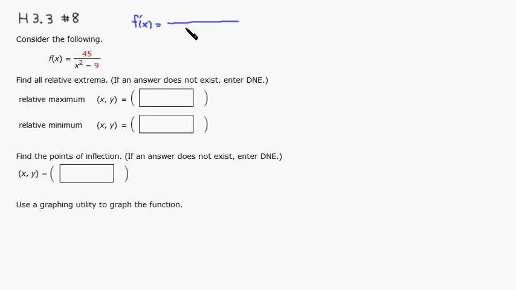So square the bottom, so you have quantity x squared minus 9 squared, right? Derivative of the top is 0, so I'm not going to write it down. Multiply by anything is 0. And minus top 45, times the derivative of the bottom, which is 2x.